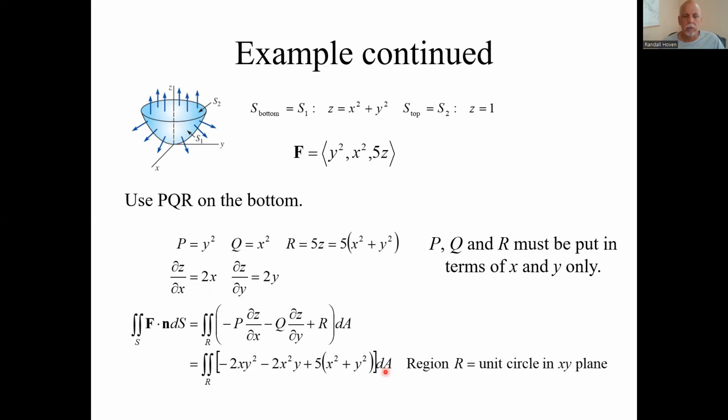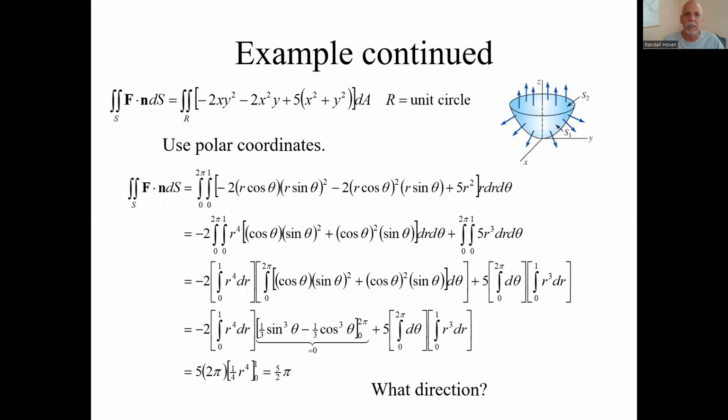We're integrating over differential areas in the xy plane. The region of integration is what? What is the shadow of this paraboloid in the xy plane? It's a unit circle. That's our region of integration. So we'll use polar coordinates for that.